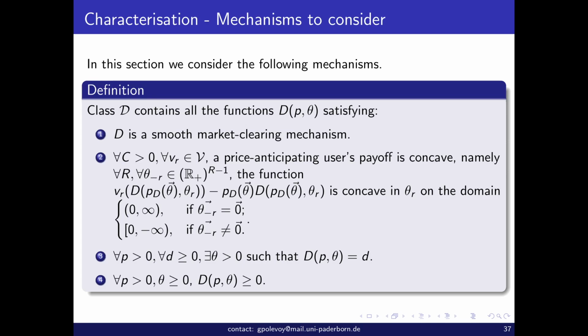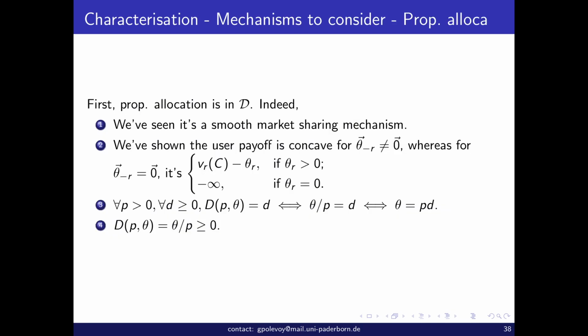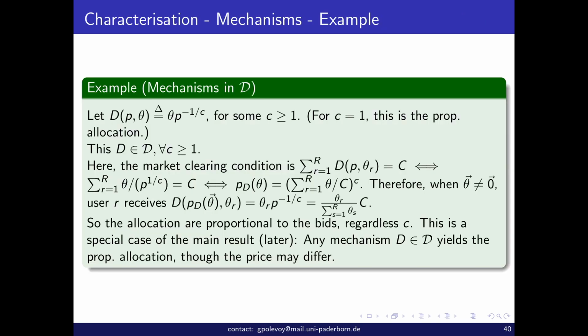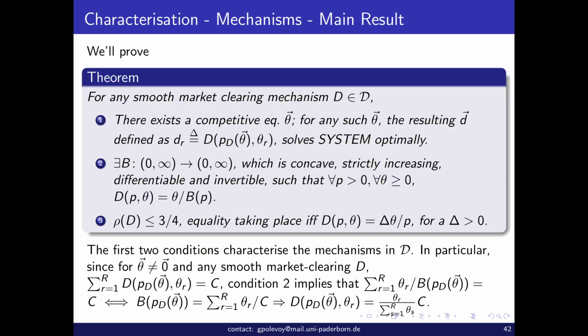That's the case. We've proven it's the case for our mechanism. It can also be shown to be the case for this more general mechanism when we look at theta divided by p to the power 1 over c. But that's also what we assume. That's simply an assumption. We only work with such mechanisms.